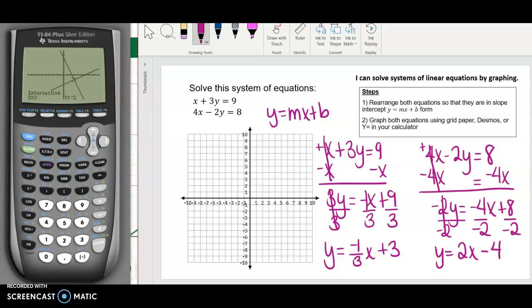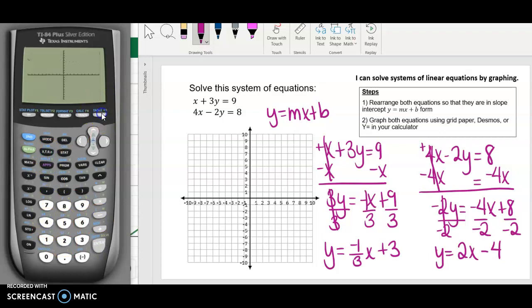So if I graph both of these in my calculator, I'm going to go to y equals and then clear what I have. So I have y equals negative 1/3 x plus 3. And then in the second row, I have 2x minus 4.